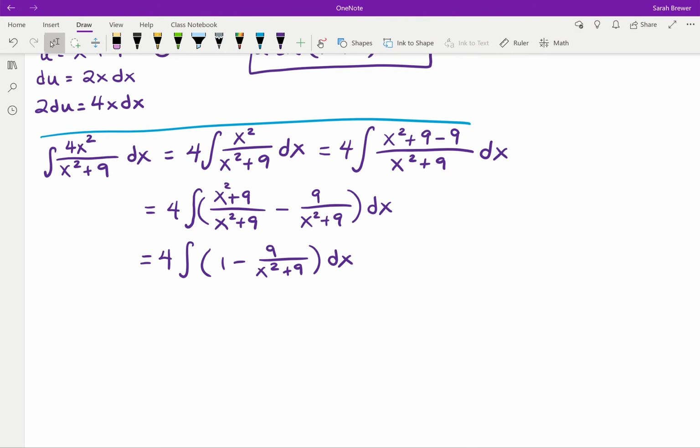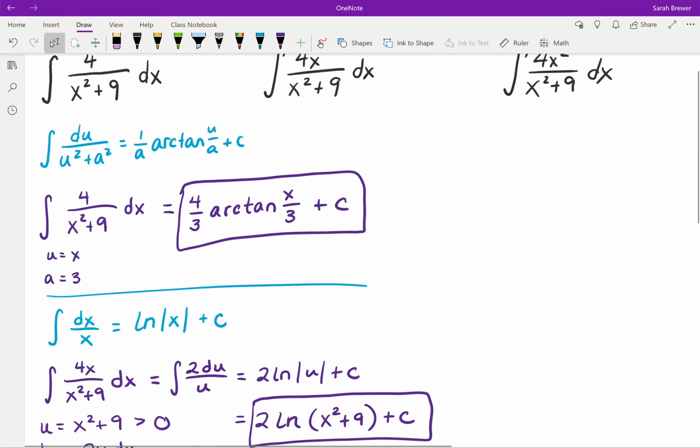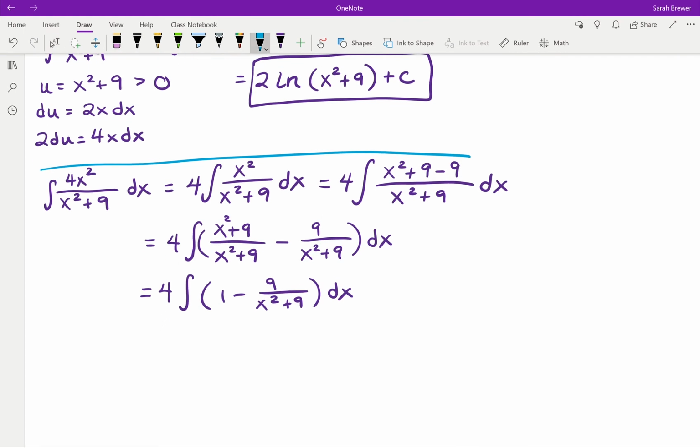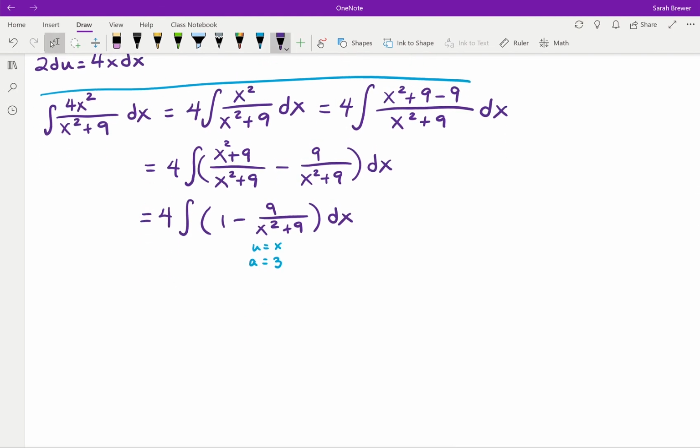That's just x. And then this negative 9 over x squared plus 9 reverts back to our first arctangent case where our u is x and our a is 3, and that 9 is just a constant multiple.